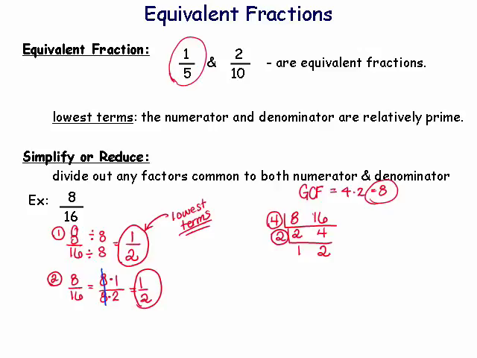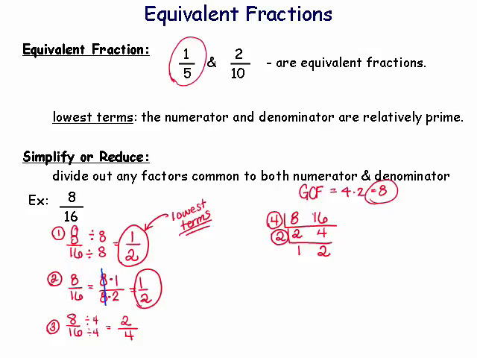What would happen if I didn't use the greatest common factor? This is something else we want to talk about. Let's say I had 8/16 and I divided out a 4. 8 divided by 4 is 2. 16 divided by 4 is 4.